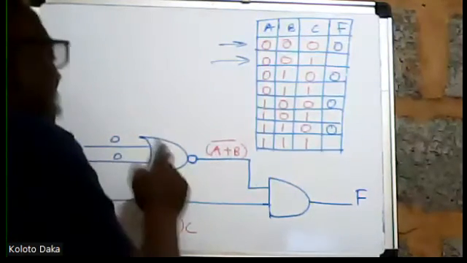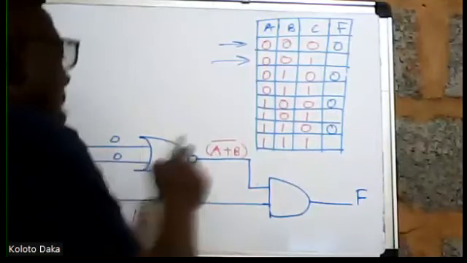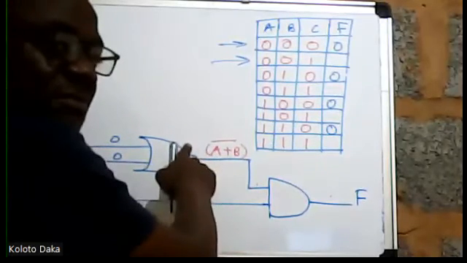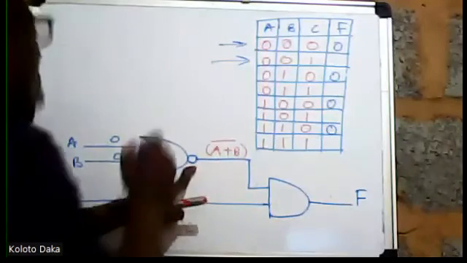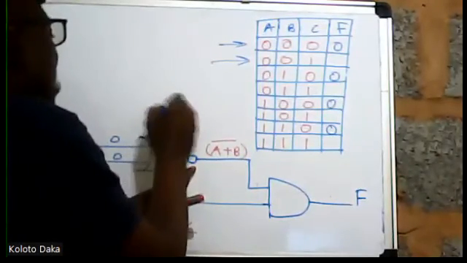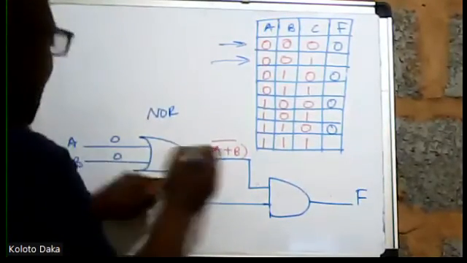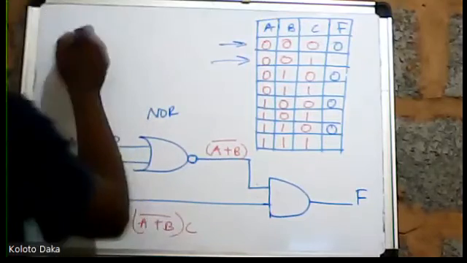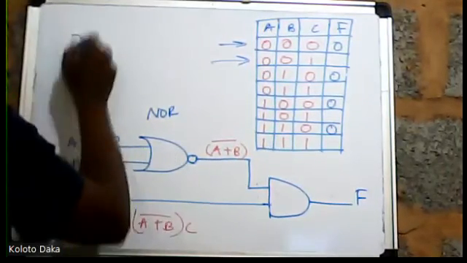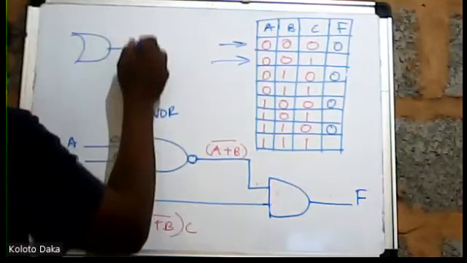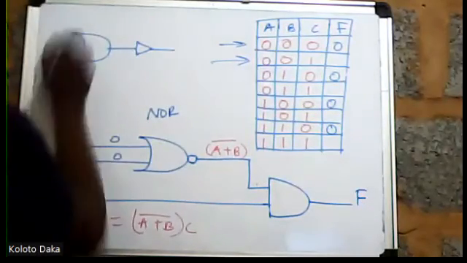What comes out of an OR gate? If it is 0, 0 here, what will come out is 0. But remember, this is not an OR gate. This is a NOR gate. This gate here is the same as an OR gate followed by an inverter.